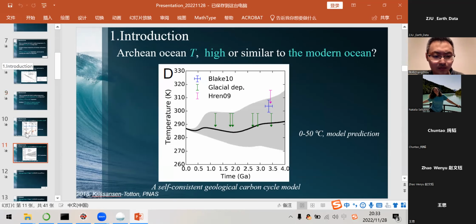So this is the temperature, and they used the geological carbon cycle model to calculate the temperature of the Archean Ocean. And actually, in this paper, they also calculate the pH and other parameters of the Archean Ocean. I think I could share this paper, and you can see the pH.